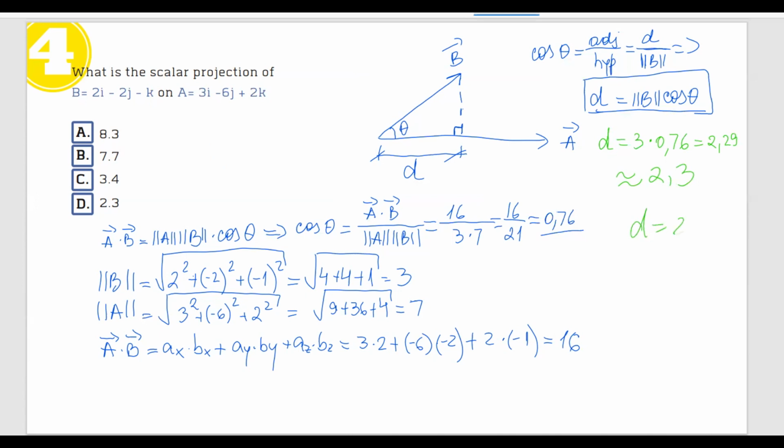So D equals 2.3 is the answer. The projection of B onto A equals 2.3. And the correct answer is D.